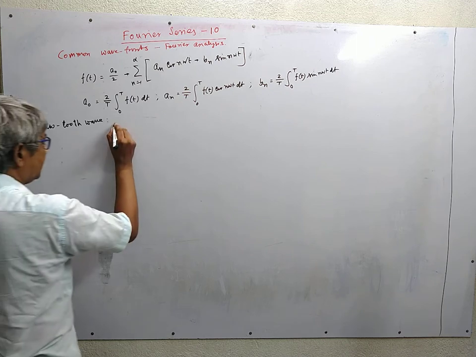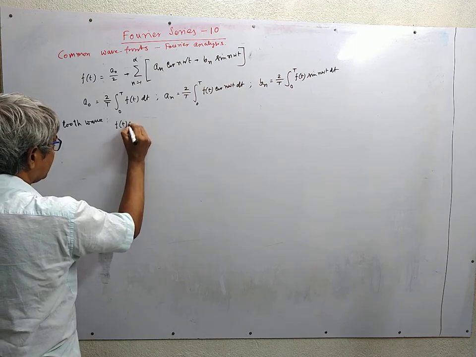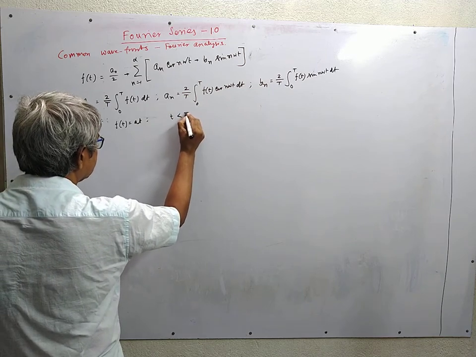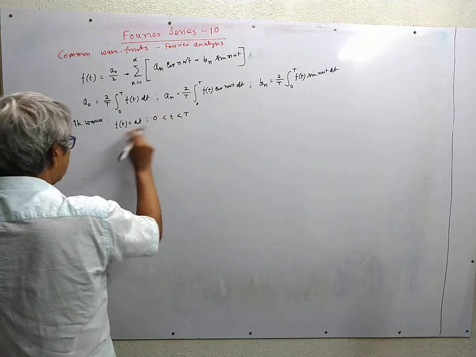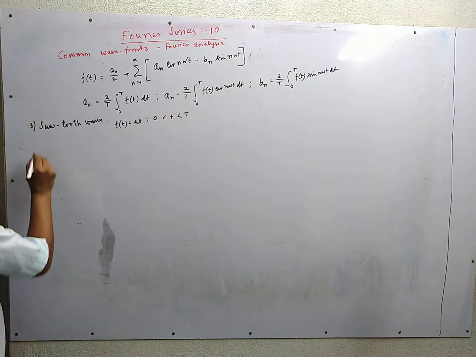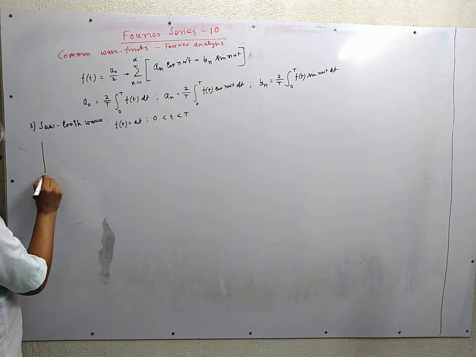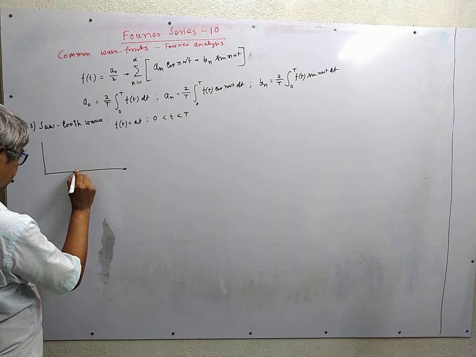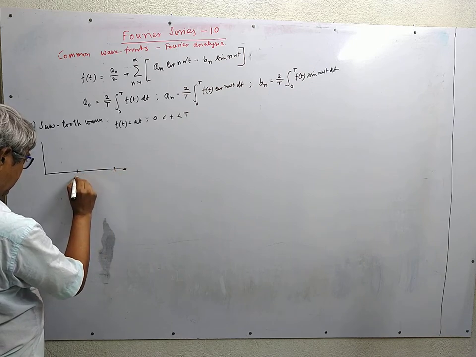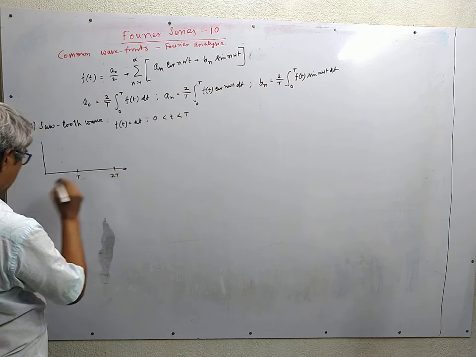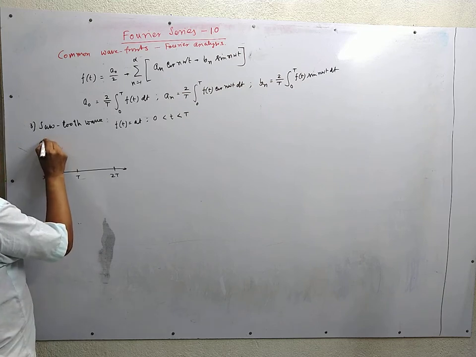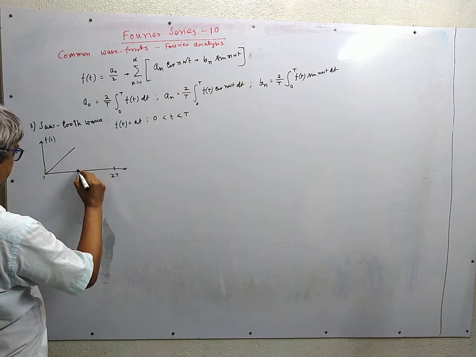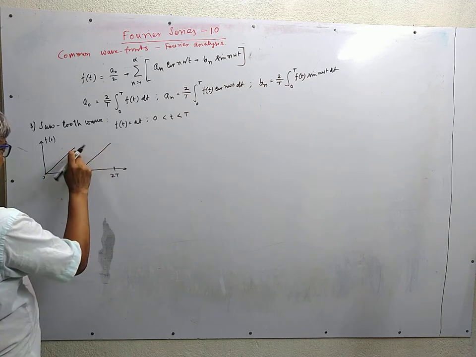The function is defined as f of t is equal to at for the range 0 less than t less than T. If we draw the graph, we will find that the function has discontinuities. This is T, this is 2T, 0. This is function f of t. So the function has a discontinuity.